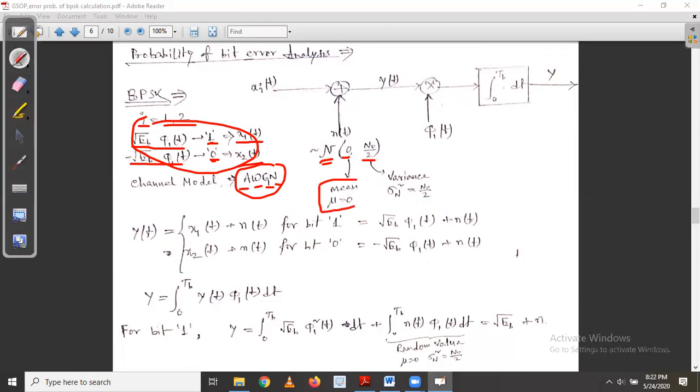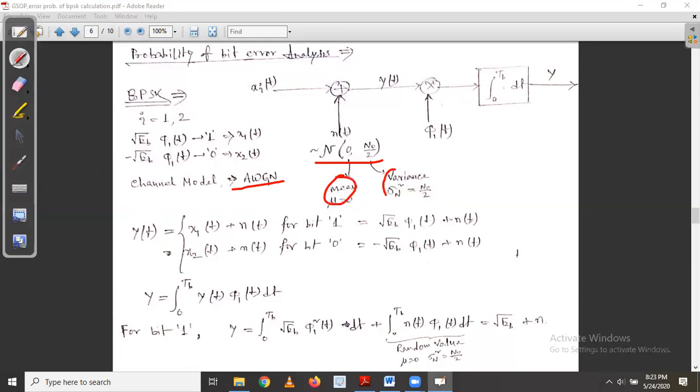Mean is 0 for an AWGN channel. Variance is N naught by 2, equal to sigma n square, where N naught is the noise power. These are the standard equations of an AWGN channel, where mean is this and variance is this. Whatever signal is transmitted, 1 or 0, these values are constant for an AWGN channel.